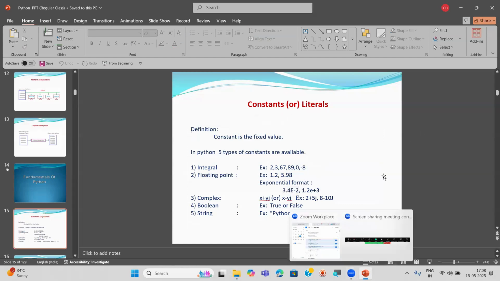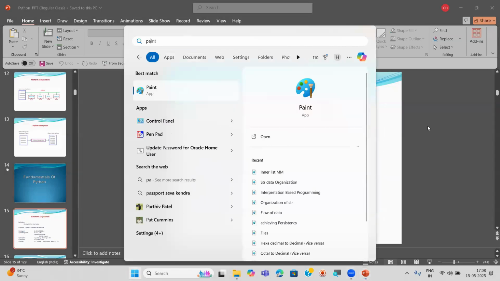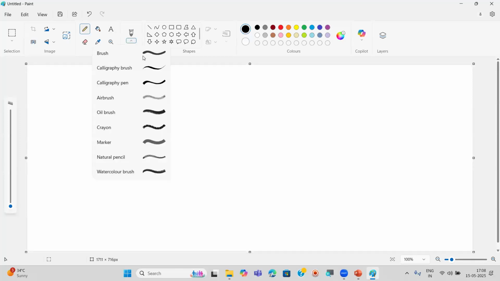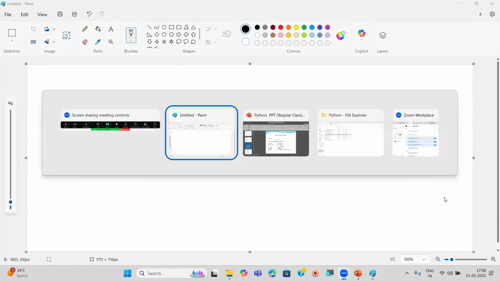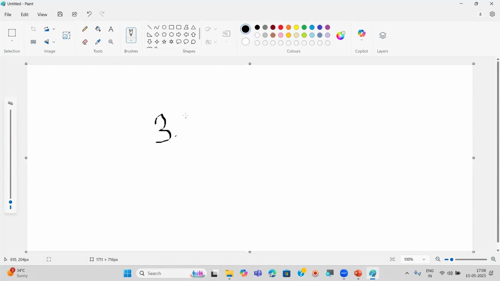E represents exponent. Here what I gave? 3.4 e minus 2. Its meaning is 3.4 into 10 to the power of minus 2.